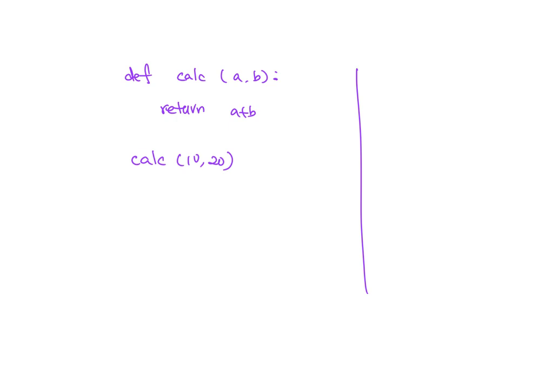Now, if I consider a similar function, calc of A and B, and this time I return A plus B, and then I call this calc function with the values 10 and 20, then this 10 plus 20 will be executed within the calc function and returned by the function, but that value is not received by any other variable.